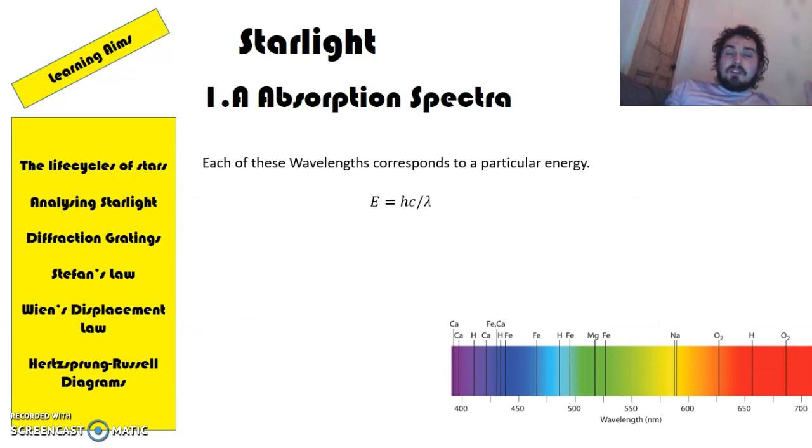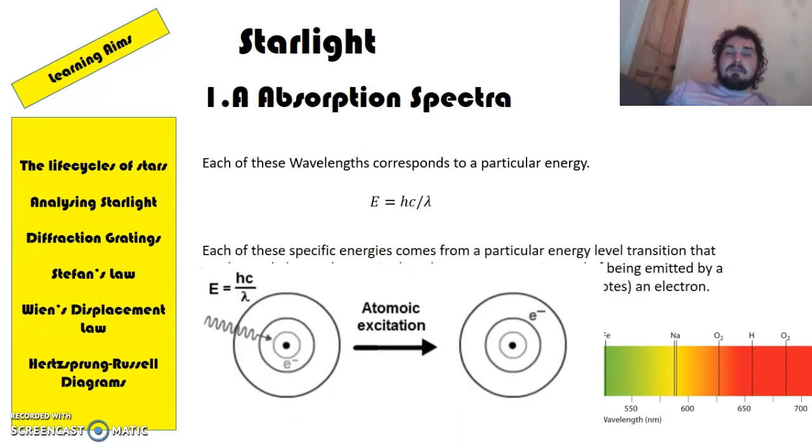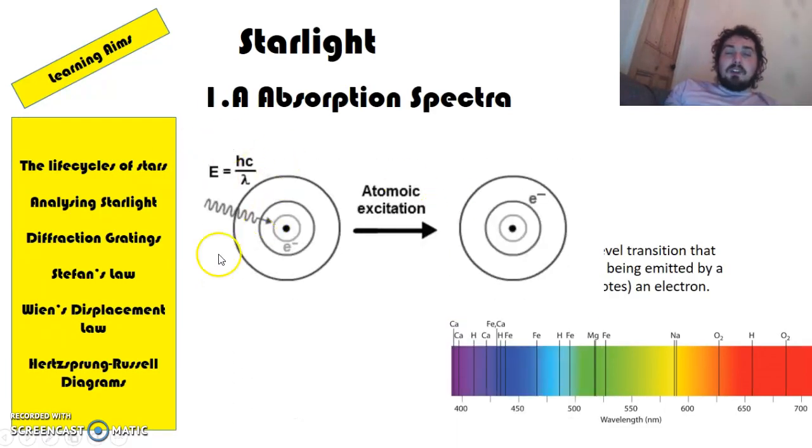So once again, you can correspond each energy to a particular wavelength, and instead of a de-excited electron, a transition from high to low, it is exciting an electron, or promoting an electron, as they say in chemistry, from low to high. Easy. So a photon comes in.